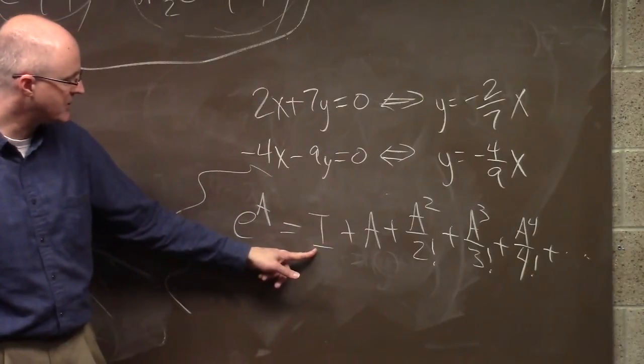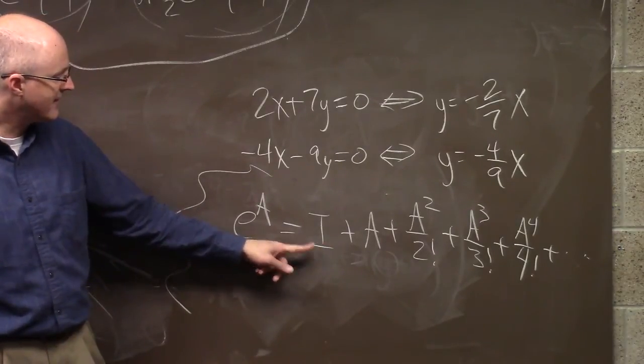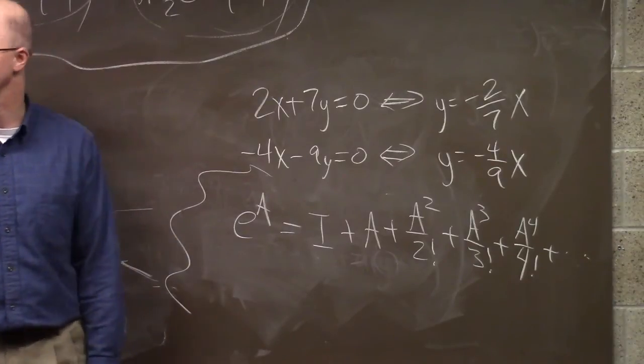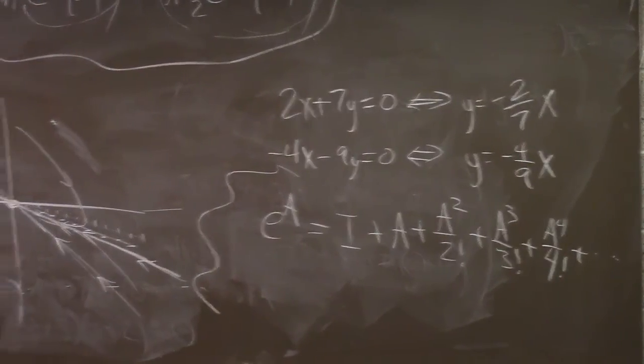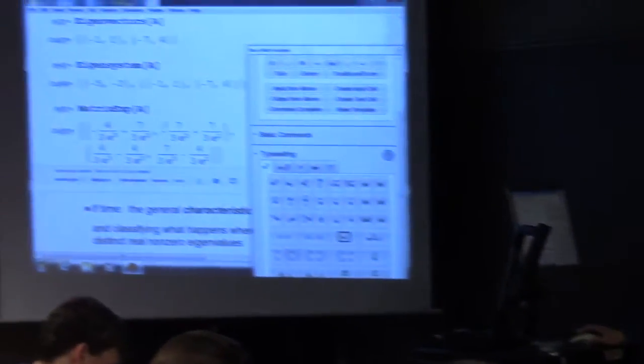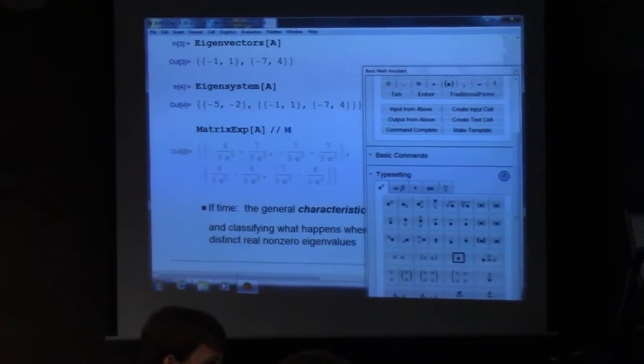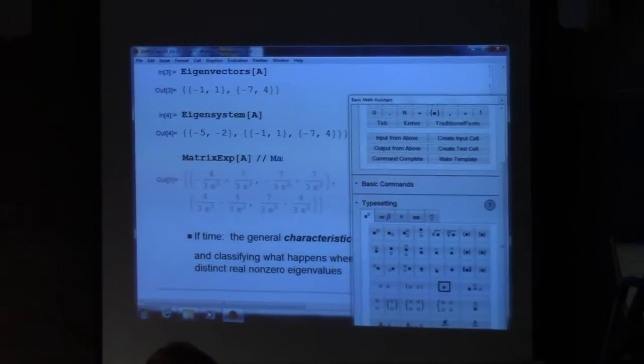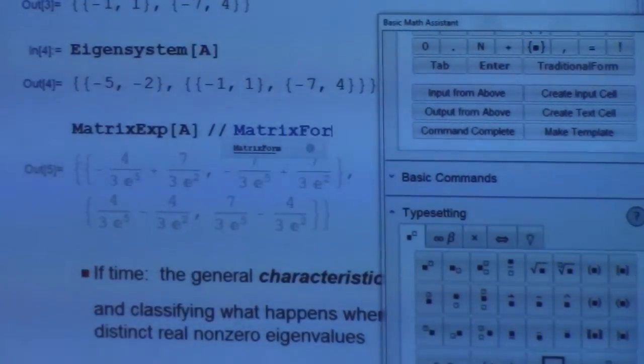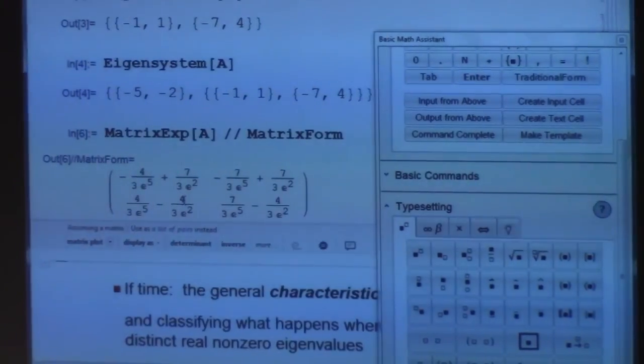This is the identity matrix. Turns out that this is a good idea to define a matrix in this way, and Mathematica can compute it with MatrixExp. It's not super simple, but perhaps it's not surprising that the answer contains exponentials.